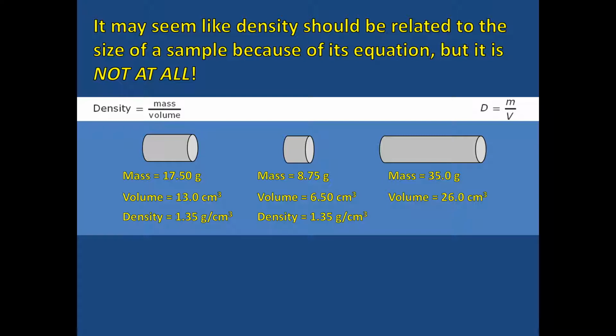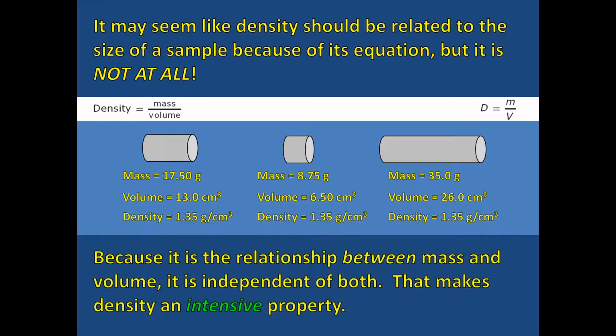But the density, if you divide those numbers, is still 1.35. Likewise, if I increase the mass, I increase its volume and it stays. Because the relationship between mass and volume is independent of both, because it doesn't change on how much you add or subtract away from it, density is an intensive property.